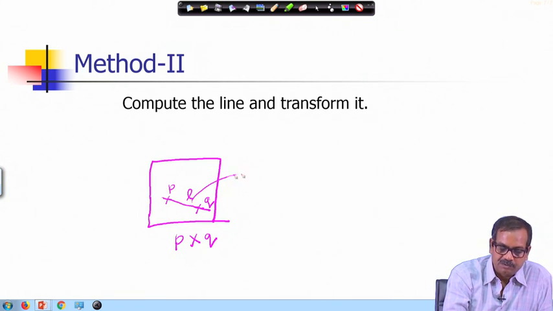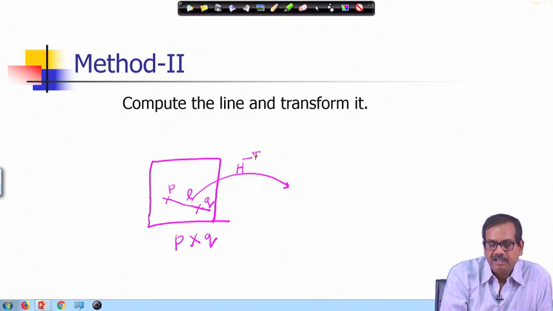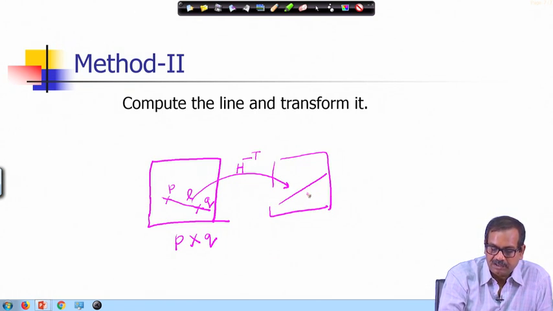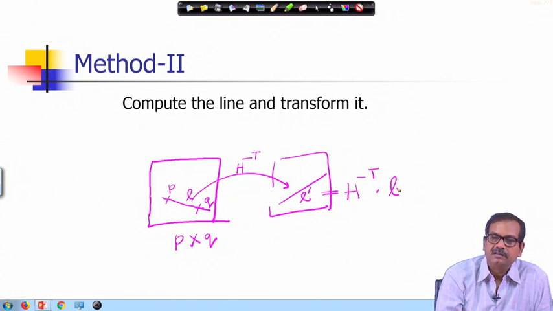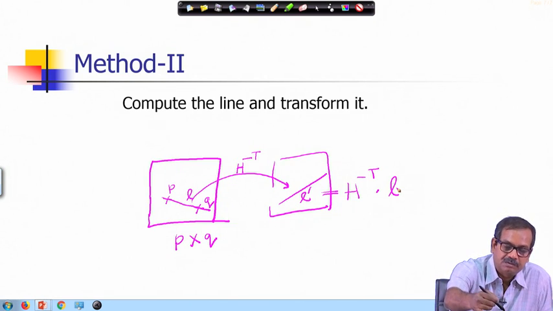Now, you perform the transformation of this line, and in this case what you should do? You should multiply with transpose of inverse of this transformation matrix, which is represented as H minus T. So, if I perform this operation, then I will get the corresponding transformed line in the transformed space. So, L prime should be equal to H minus T into L.